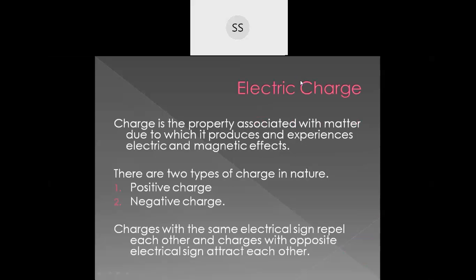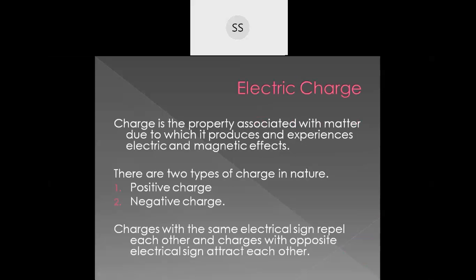Okay, so electric charge is basically the intrinsic property of matter. The smallest possible quantity, the smallest thing possible, is the charge.